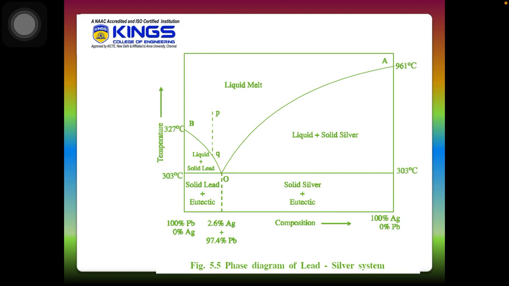According to the reduced phase rule, along the curve BO solid lead plus liquid are in equilibrium, so the degrees of freedom is equal to 1. The system is univariant. So both curves AO as well as BO have degrees of freedom equal to 1.